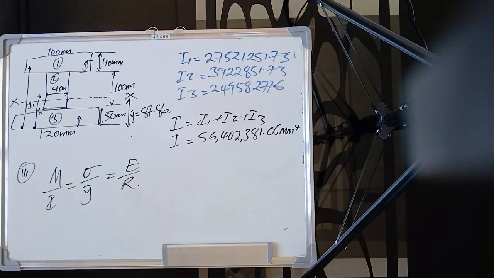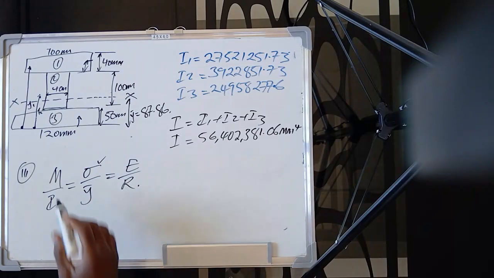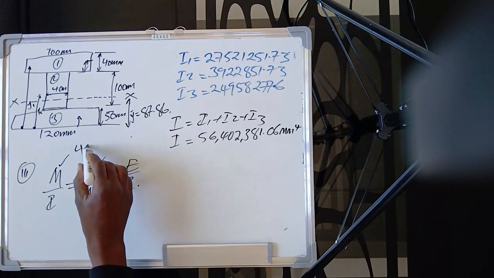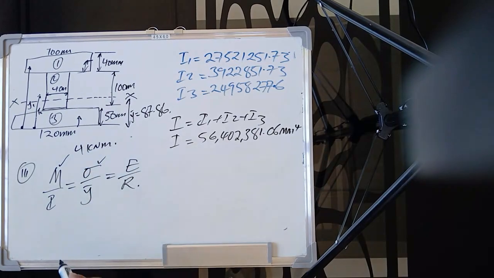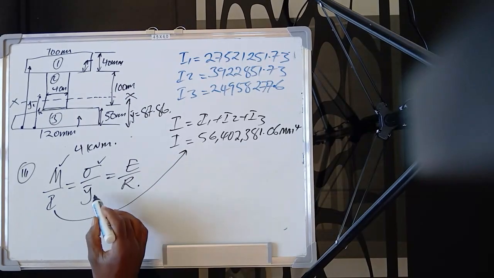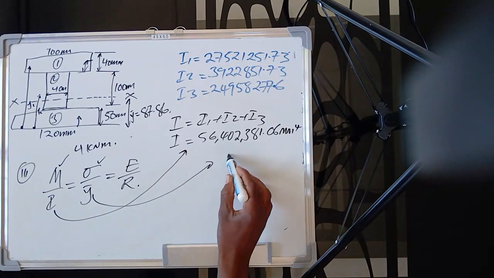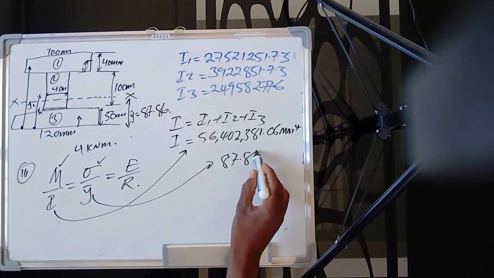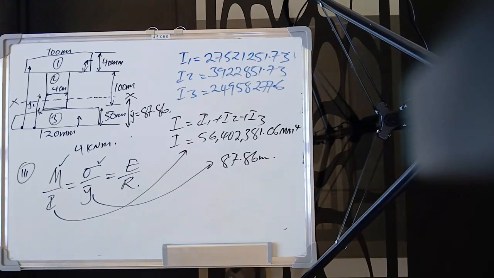What they are asking us to find is the bending stress. They have given us the bending moment to be 4 kilonewton meter. This one we have already found, it was 87.86 millimeters. You see it? So we just work around this one to find that one.